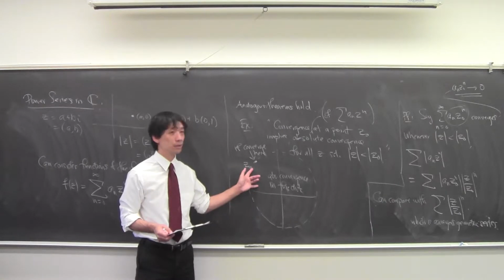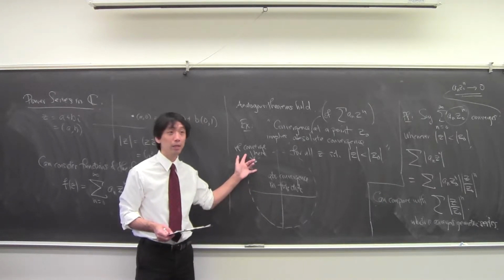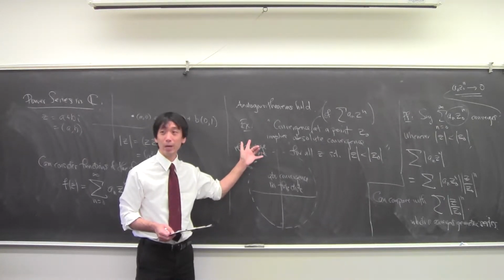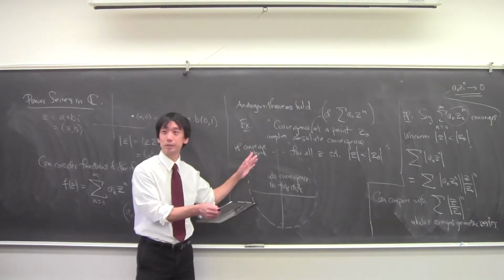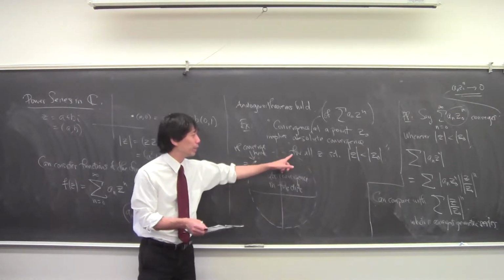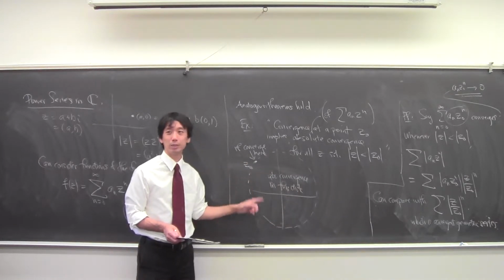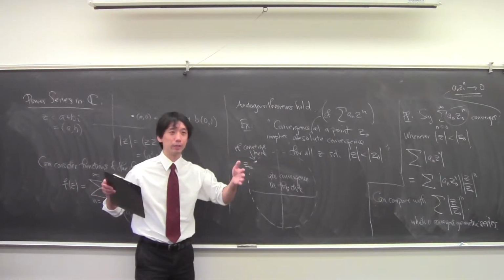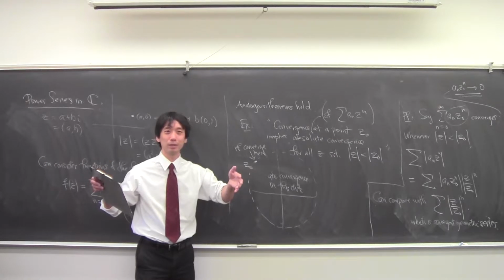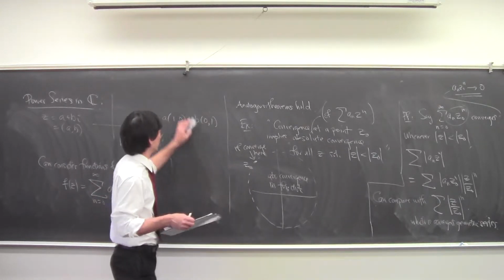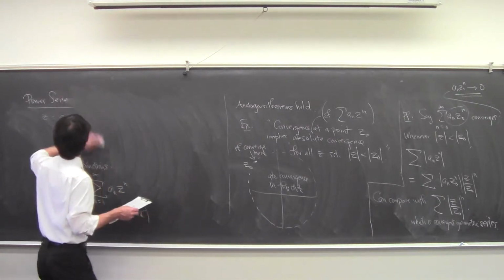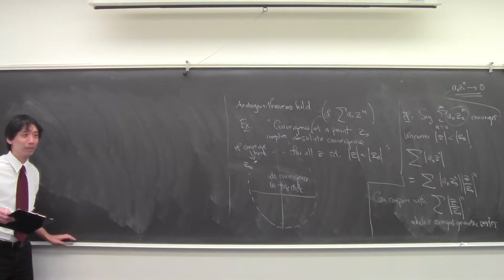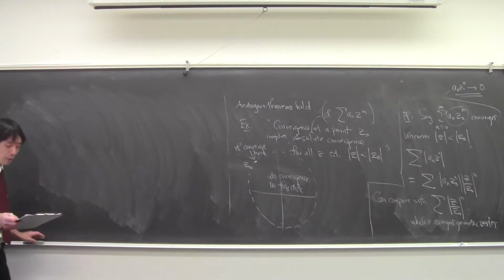And so the domains of convergence for power series of complex numbers are disks, possibly with some points on the boundary. Just like for the real case, you get intervals, possibly with points on the ends. Okay, everybody following?